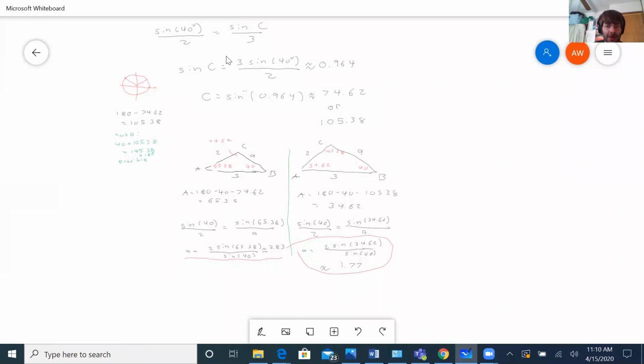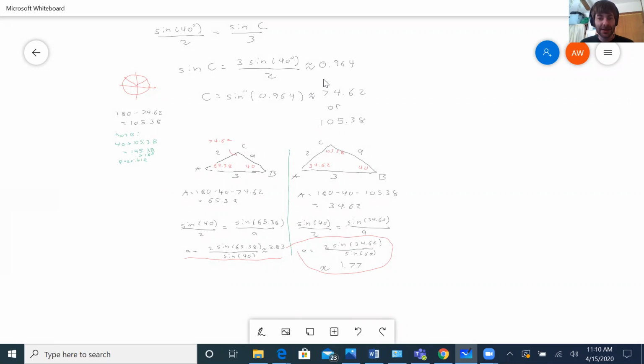So just to reiterate, it's really anytime I had to take this inverse sine of something, I'm going to have two possible angles. Well, we had the one case, which was the first one. It's all erased now. But when I took the inverse sine, I got no solution, right? That was because this number was bigger than 1. So that wasn't going to be a triangle. Couldn't have happened, right?